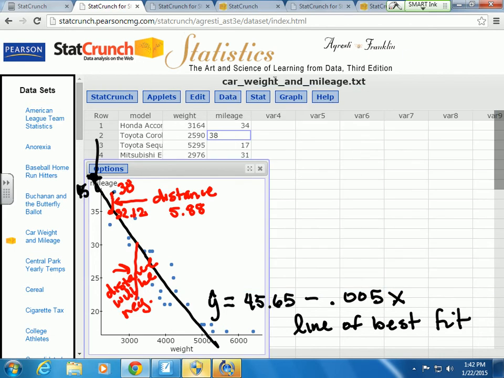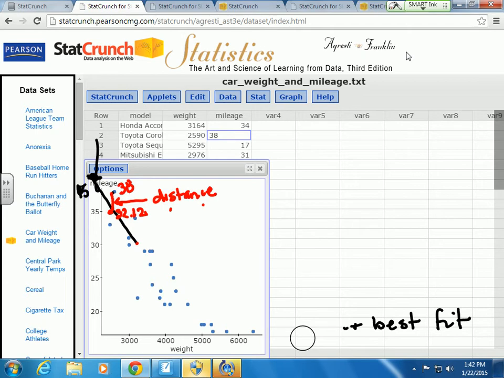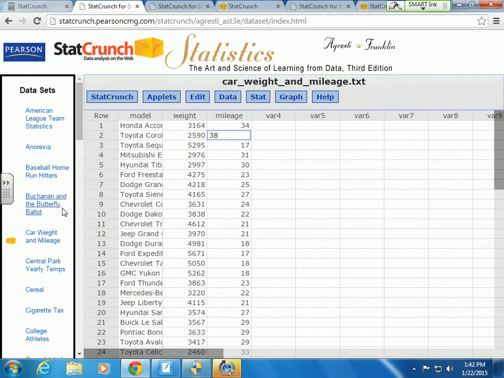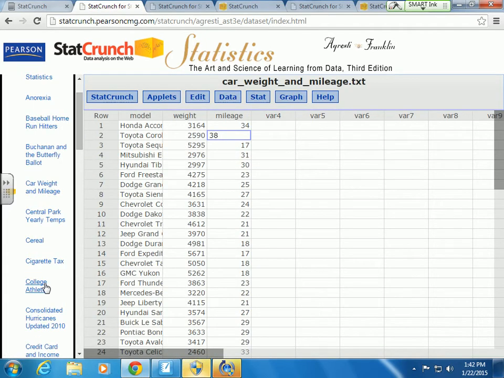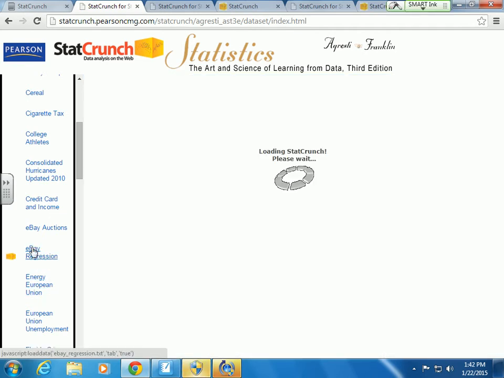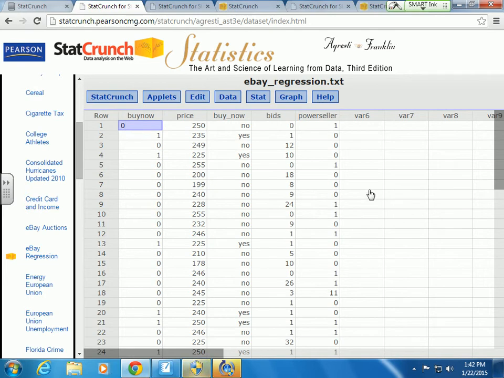I want to use a data set now where we should not be fitting lines because it's not linear. So if I go here and I open up another data set, okay, here's another one, and I want to look at this eBay data.